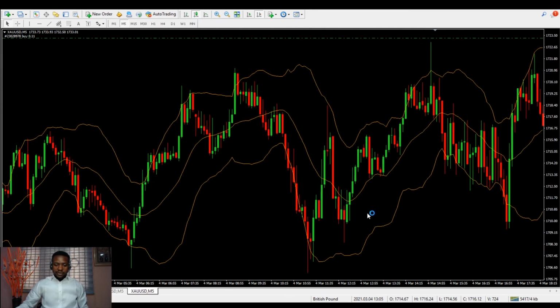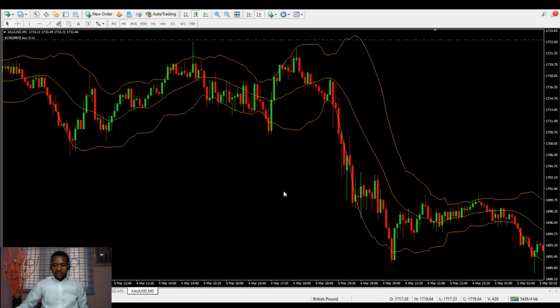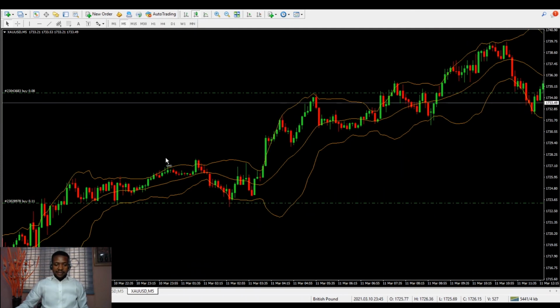But if you want to trade the Bollinger Band bounce strategy, just wait for a new candle to close inside the band, then you follow the new direction. But if you want to ride the band, then wait for price to come outside the band and make sure other indicators are telling you this is going to be a rally or this is going to be a long sell. So that is how to trade the riding strategy.